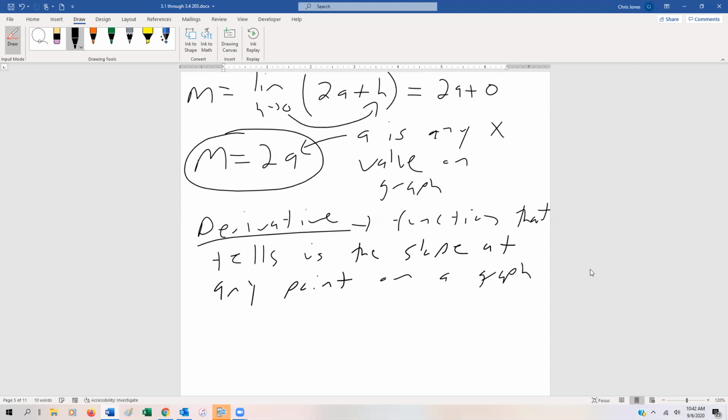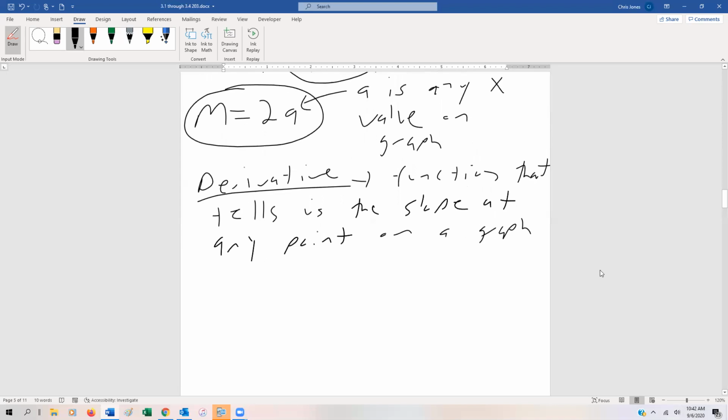We denote the derivative by f prime. So whenever you see f prime at a, this is the derivative. And in this case, f prime at a is equal to 2a for us, because that was the function that we got.